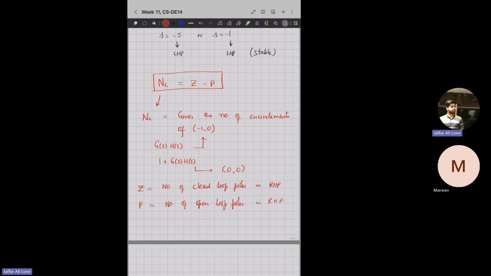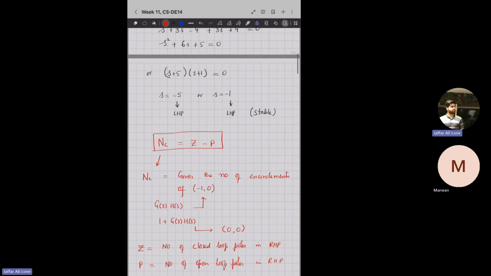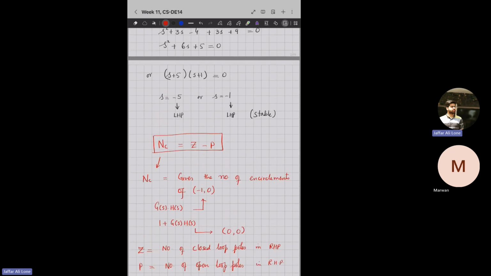So you know this, that if you have one or more than one pole in the RHP, then your system is unstable. So with this, from the Nyquist plot, how will you infer that?